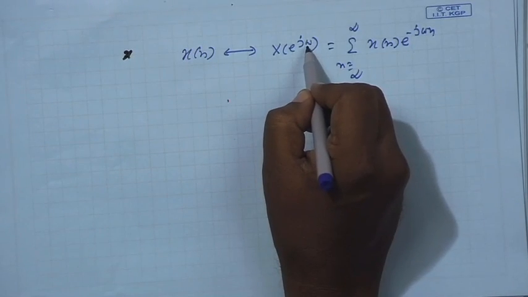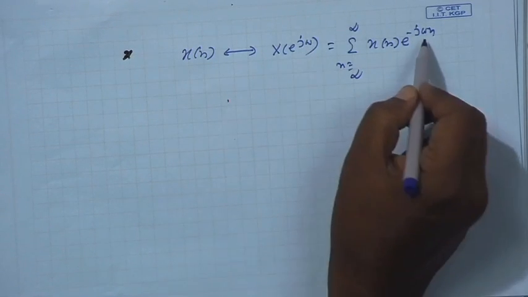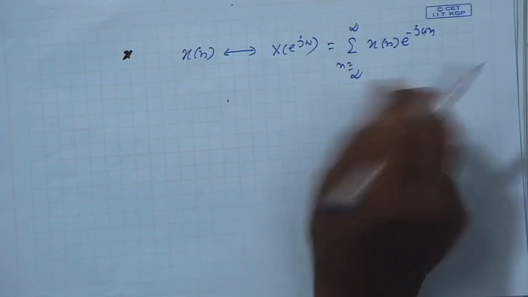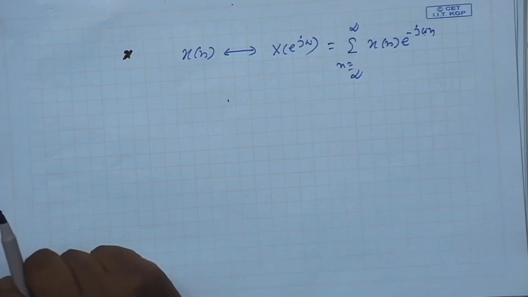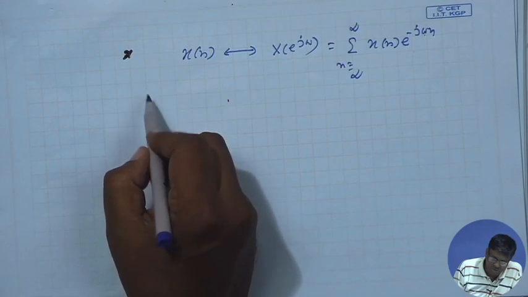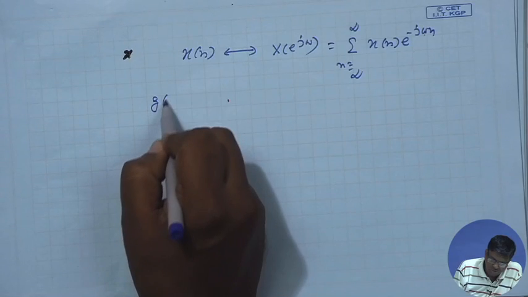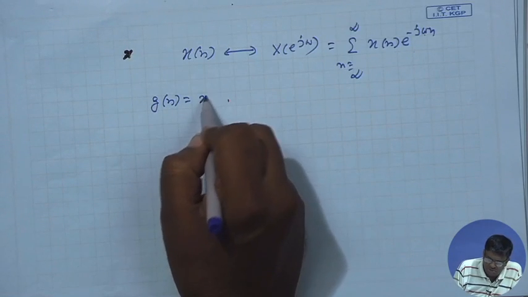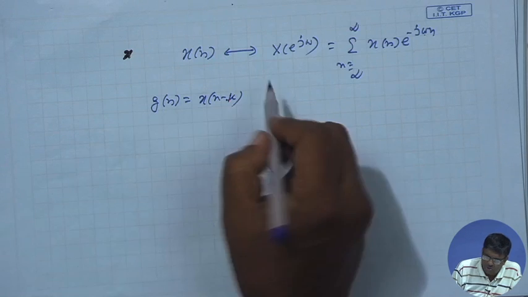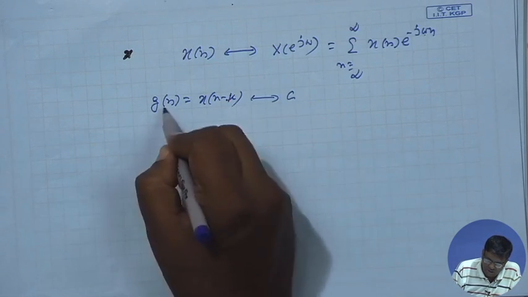DTFT at any digital frequency omega from minus pi to pi, put that omega here, carry out the sum. Omega is continuous from minus pi to pi, omega is not discrete. This is DTFT. Question is, if I give a new sequence g n, which is a shifted version n minus say k, what will be DTFT of this g n?